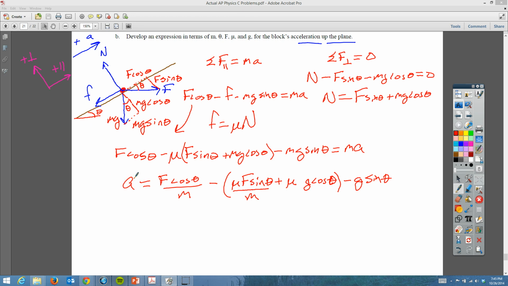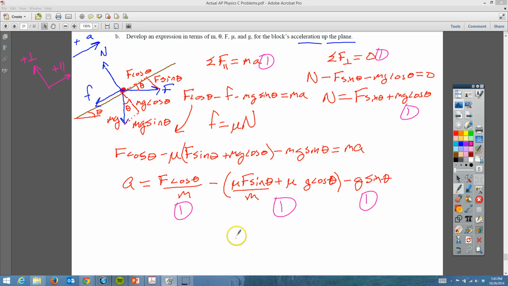This part is worth 7 points. And the reason it's worth 7 points, obviously, is because it's a pretty big problem. You get 1 point for saying this, 1 point for saying that. So that's 2 of the biggest points. You get 1 point for solving for N. So now we're up to 3. You get 1 point for this, 1 point for this expression, and 1 point for this one.